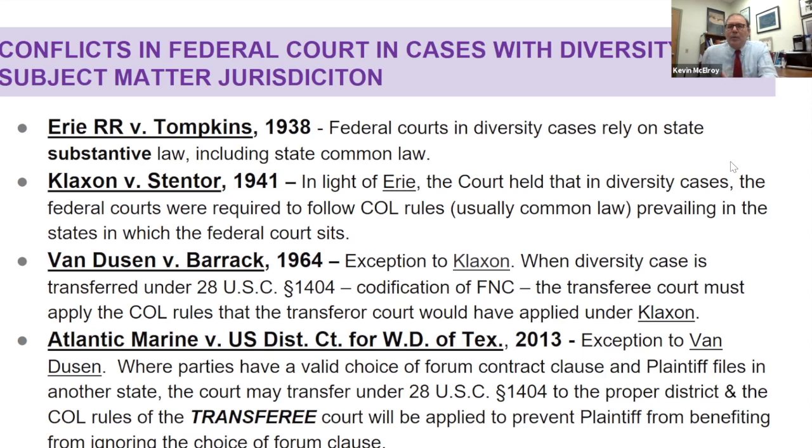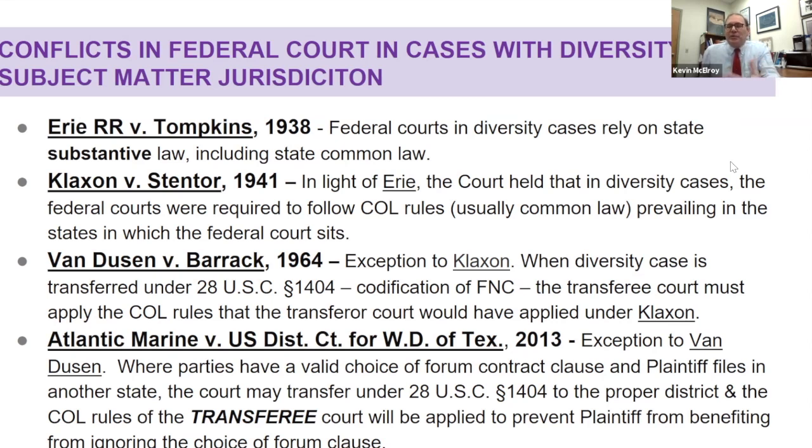All right. Klaxon says federal court sitting in diversity applies the choice of law rules of the state it sits in. So you would think after the transfer, the court in the Western District of Pennsylvania would apply Pennsylvania's choice of law rules, but this is an exception.